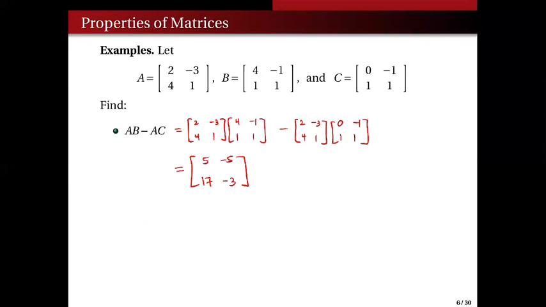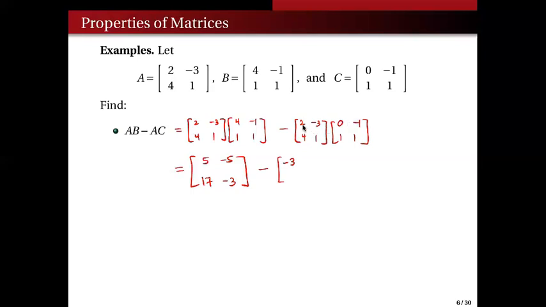And then for the AC, let's calculate. First row, first column, we have 2 times 0, that's 0, plus negative 3 times 1. So we have here negative 3.